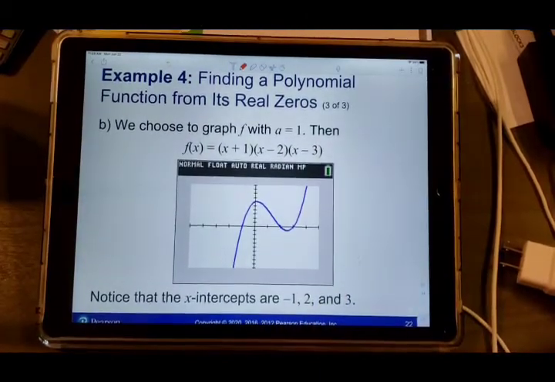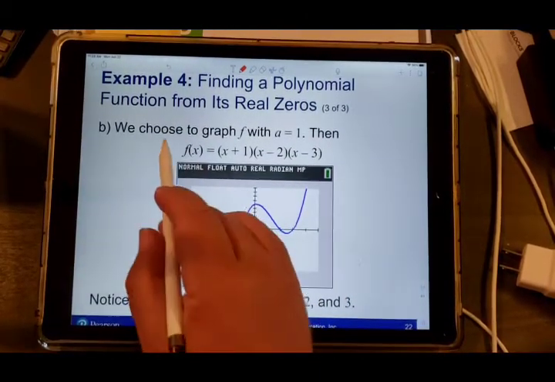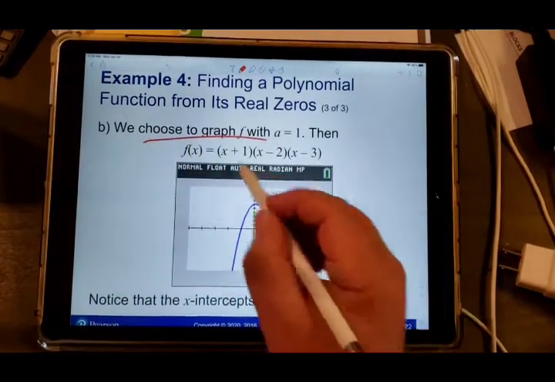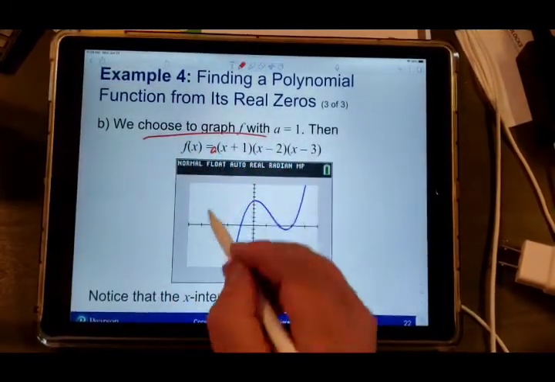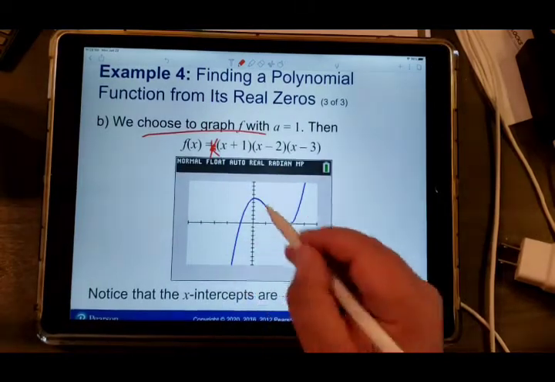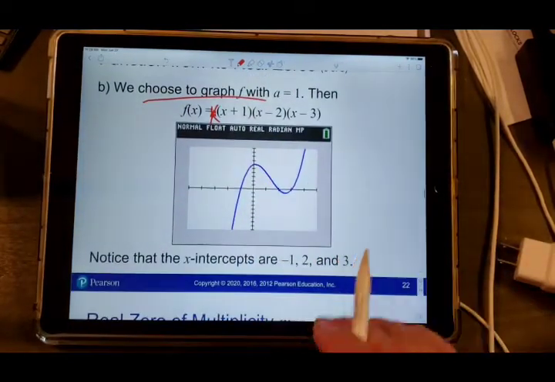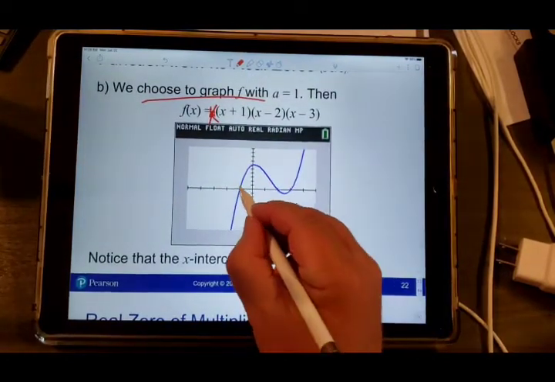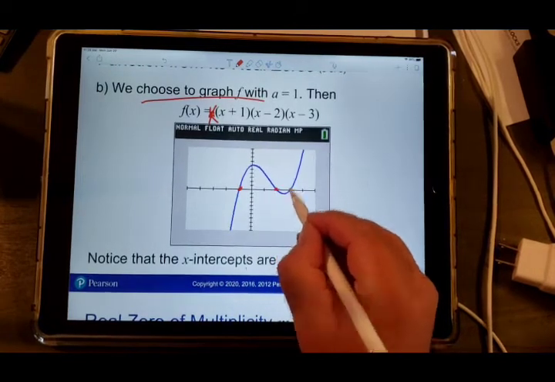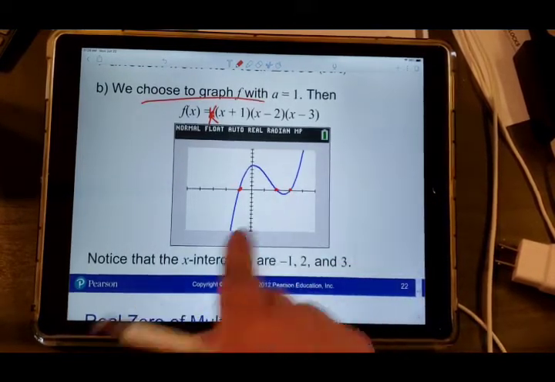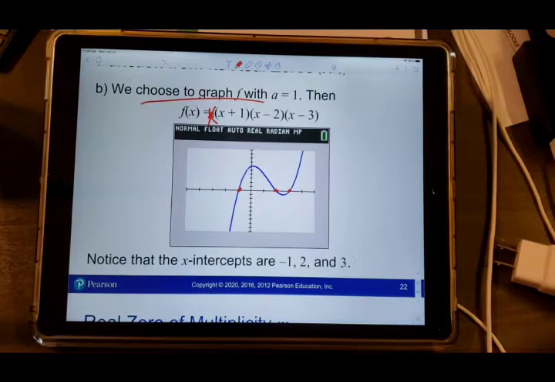And this was the authors just using a graphing calculator to graph it. They left the a out on this graph just to see what it would look like. And the idea here is, let's say you started the problem here. What if they said, all right, what graph is this?